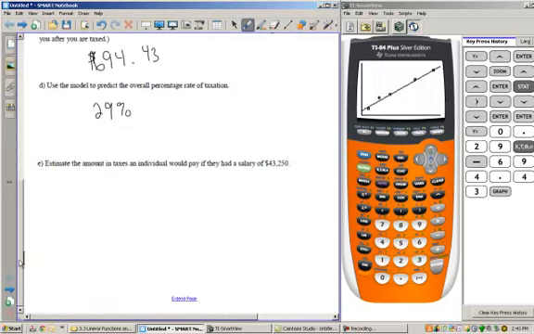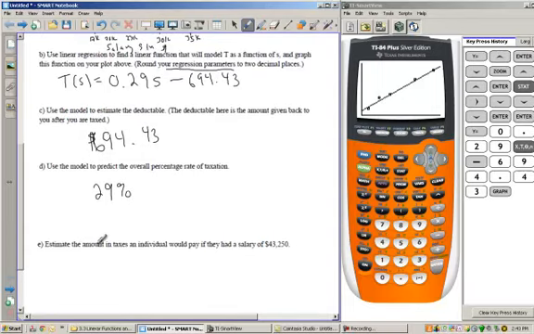On Part E, it says estimate the amount in taxes an individual would pay if they had a salary of $43,250. So salary of $43,250, is that T stuff, which stands for taxes, or S stuff, which stands for salary? Obviously, it's salary stuff, right? Salary of $43,250.